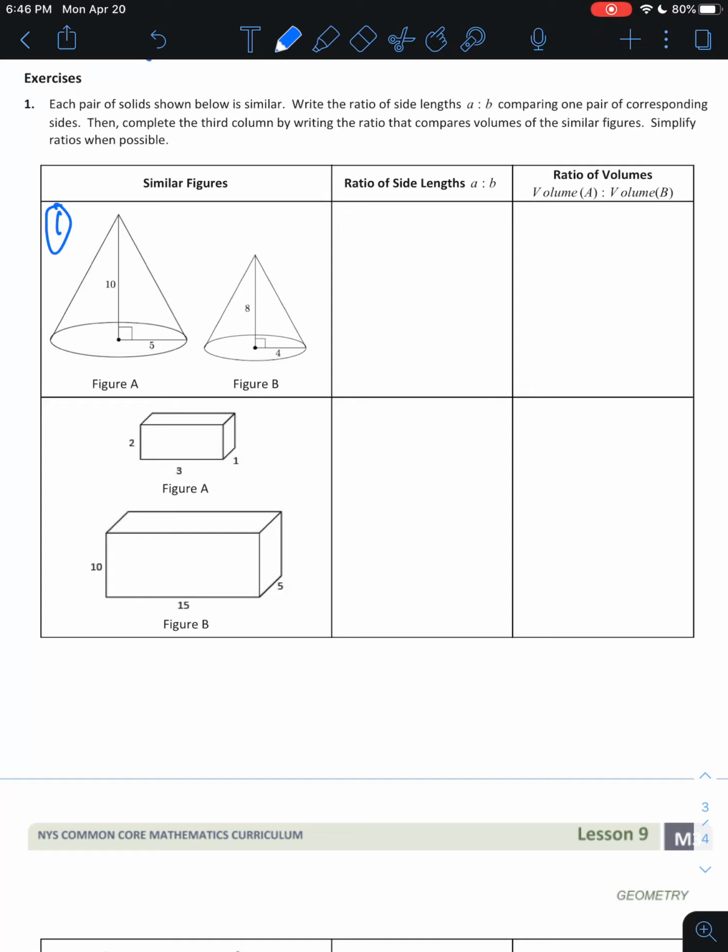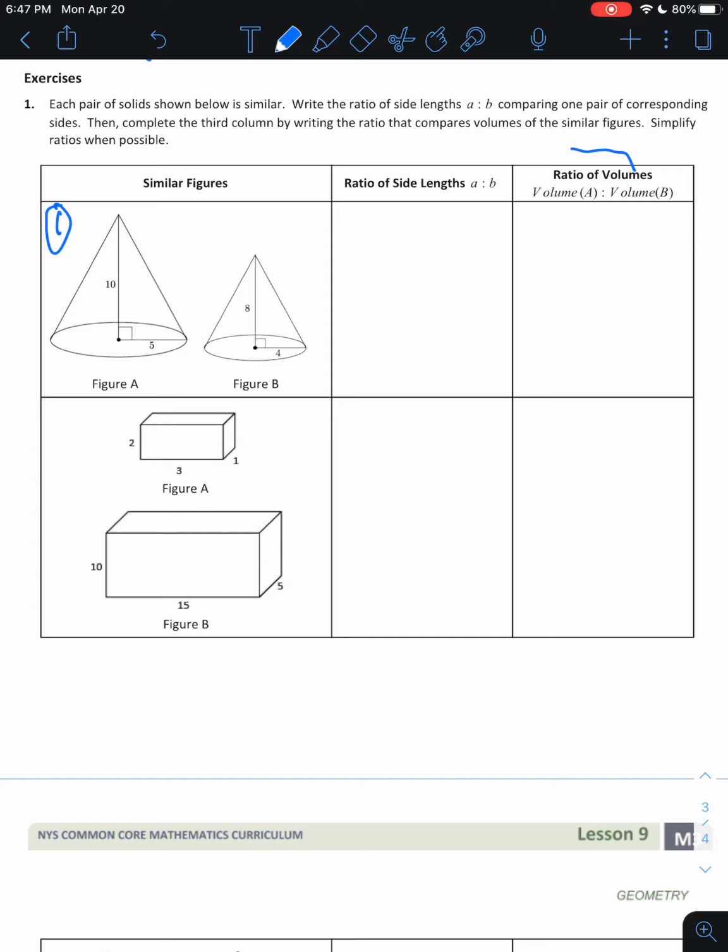And just like in the part 1 we did up there, it asks us to write the ratio of side lengths, AB, comparing one pair of corresponding sides. Then complete the third column over here by writing the ratio that compares the volumes of the similar figures. And it asks us to simplify ratios when possible.